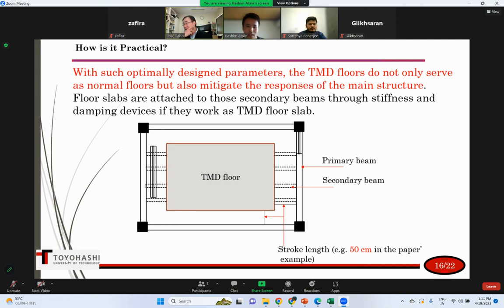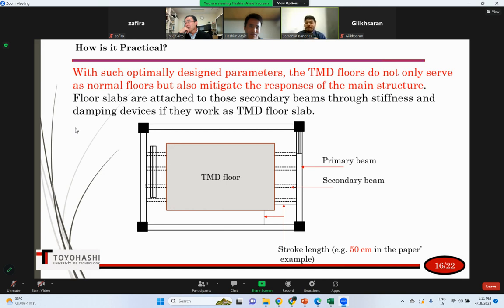Or maybe if Saranya-san has some ideas, I don't know. So actually, I am also thinking about the same thing, that it is very difficult to arrange such a system. Also, another thing I couldn't understand is there would be many columns, right, in a building.